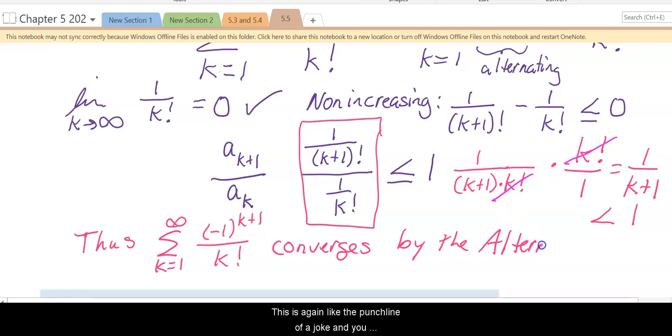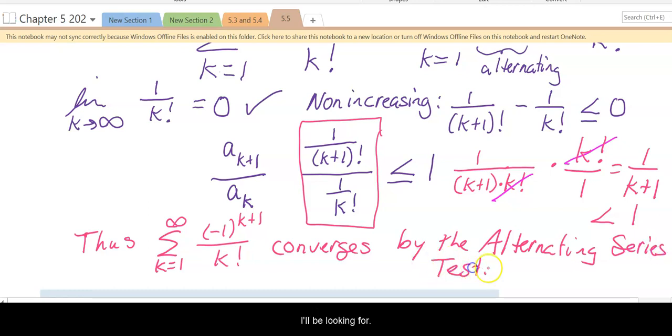This is again like the punchline of a joke, and you don't want to leave this part off. This is a serious grading point on the exam and something I'll be looking for.